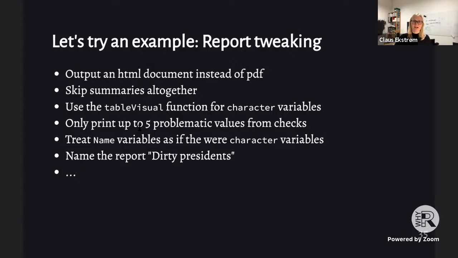We only want to see 5 problematic values. Before it printed 10 of them, and maybe got a bit long for some of them. And then we had these name variables that Claus also talked about, which is a special class used in this data set. And we want to treat them as if they were just character variables and hope that that sort of works. And then we want to name our report dirty precedents to be a little bit more descriptive. And we could, of course, also include other things, but this is what we're going to do for this example.